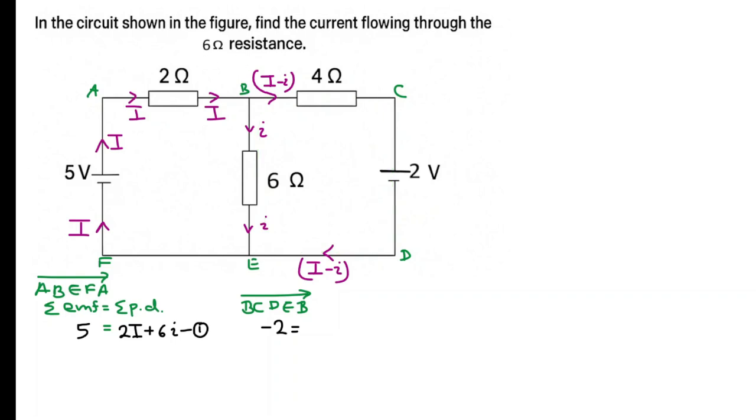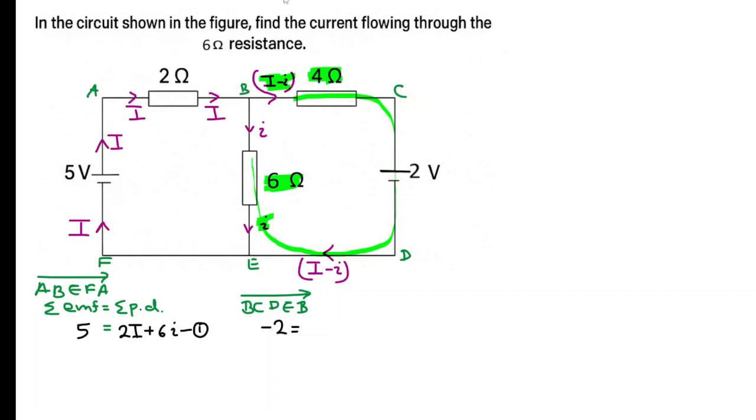Right, let's do another walk to find the PD. So starting from B, I have 4I minus i. Nothing. Oh, now this way, I'm going against the current. Therefore, I have 6i, but that has to be negative. Why? Because I'm moving this way from E to B, but actually current is going the other way, the way I marked it.